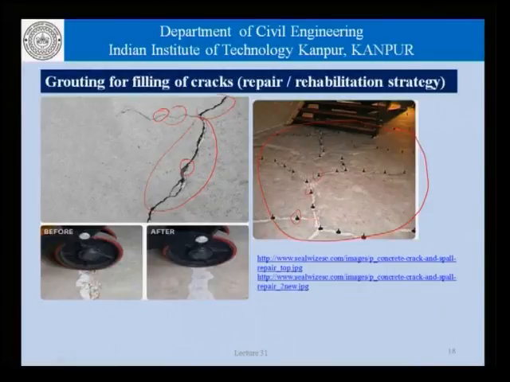So, these are the kind of balancing acts that an engineer at site needs to be playing. In order to grout a cracked system, one has to decide what kind of specifications, or what kind of parameters, you would use to control the quality or control the performance of your grout.